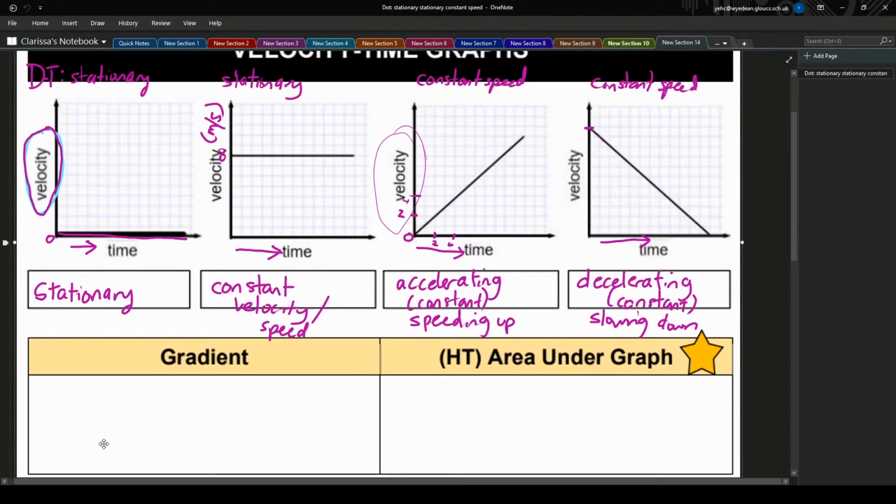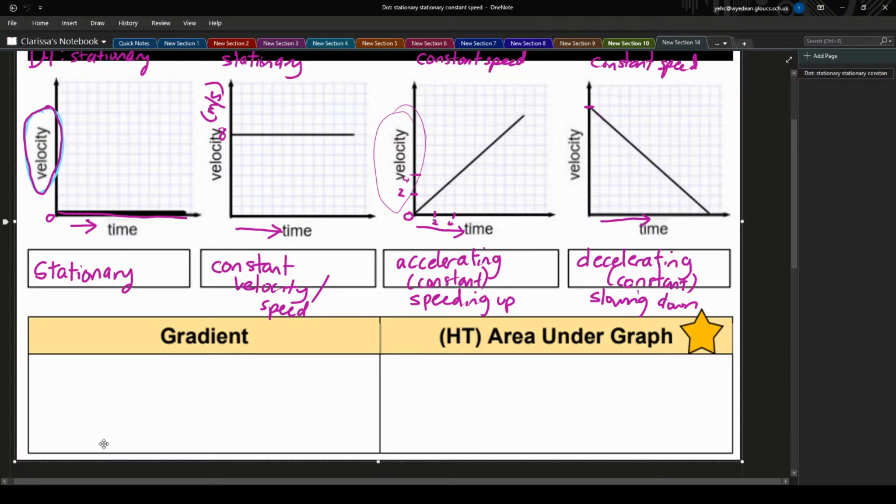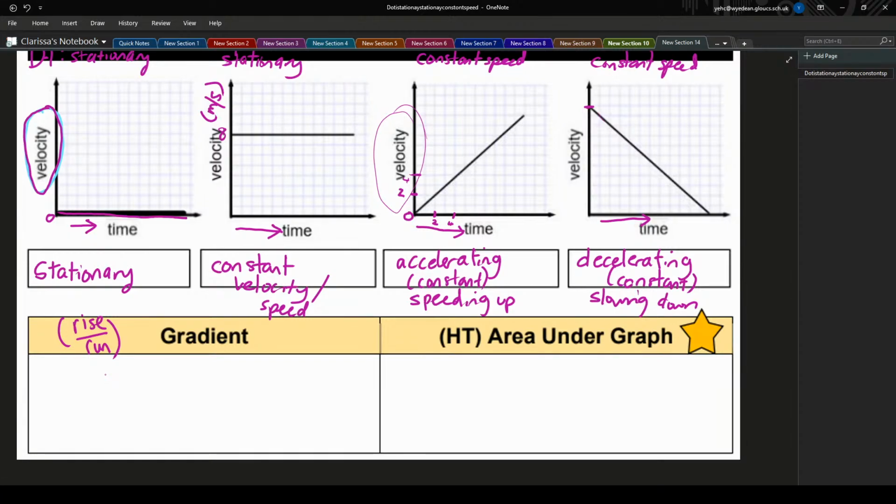Okay, so 2 lessons ago we talked about something called the gradient, which is something you learned in math. And remember, the gradient is basically like the slope of the graph, also calculated via rise over run. So the gradient is just the slope of the graph. How much is it going up by?